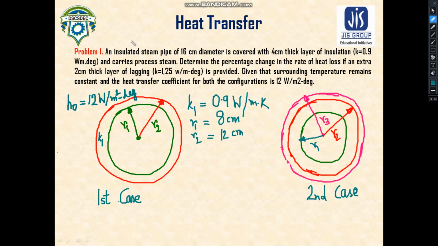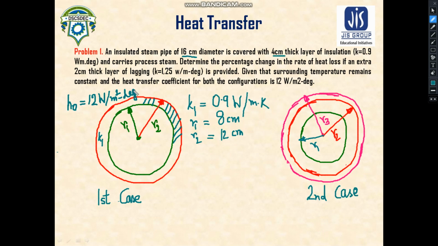Now it is well mentioned here that the steam pipe has a diameter of 16 centimeter, which means that it will have a radius of 8 centimeters, and the layer of insulation is 4 centimeter thick. So obviously this is your layer of insulation. It is quite obvious that the outer radius would be 8 plus 4, that is 12 centimeter.